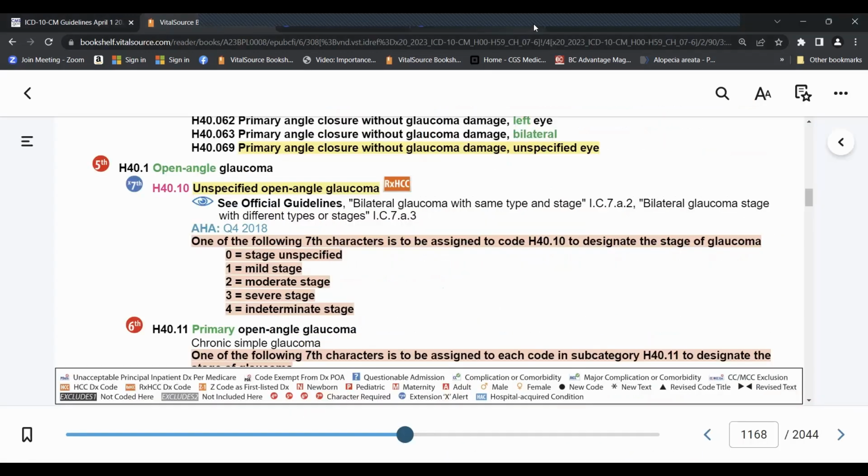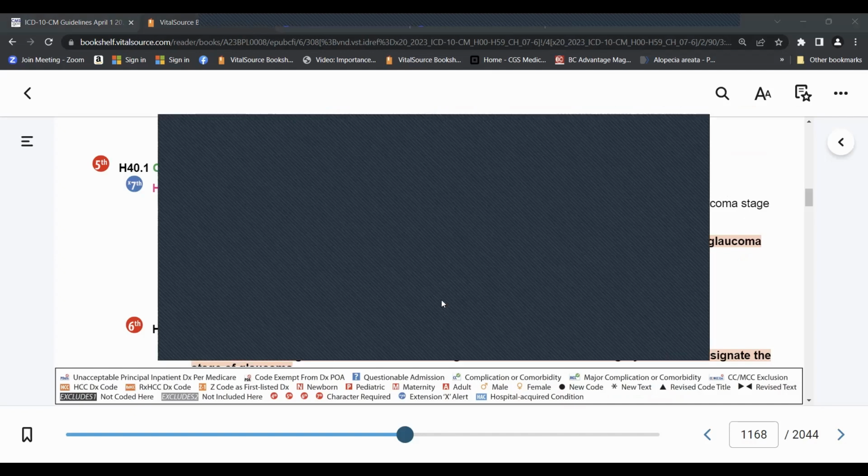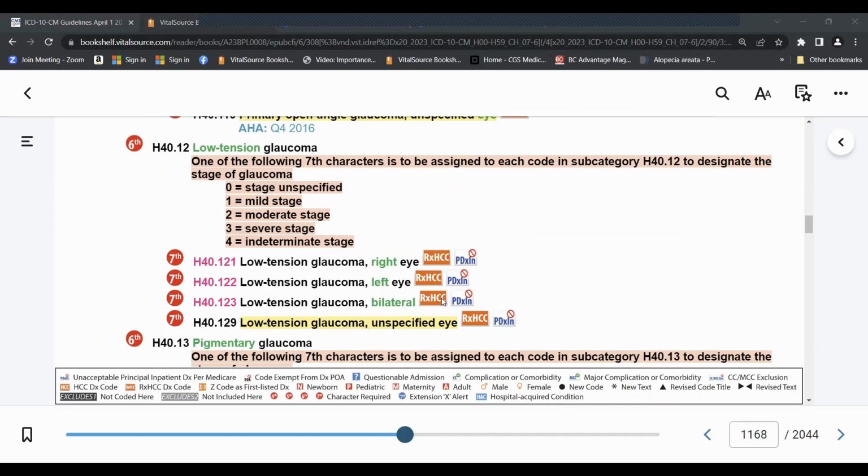So let's go back again. If the patient has different stages in each eye. So let's say your patient's left eye is H40.122, we need a 7th character for that left eye. And let's say the left eye is mild.